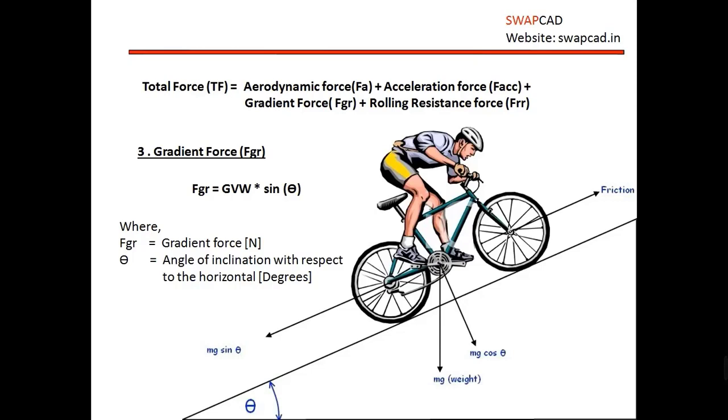The government sets the restriction that you cannot create a road at an inclination beyond a certain limit. So it varies from country to country. In cities, you have seen that the parking may be underground. During that time, the vehicle has to move in and out of the parking. Now we will see how to calculate the gradient force in XCOS.